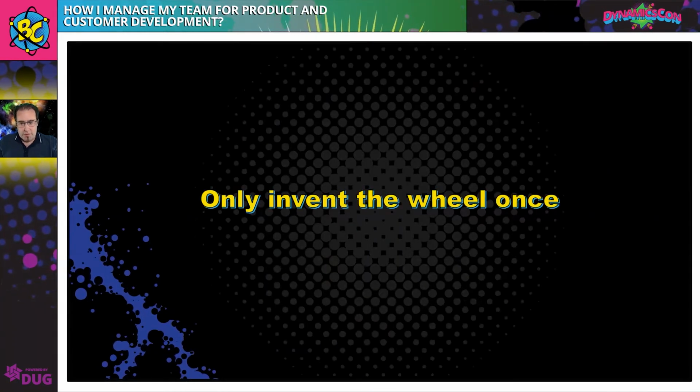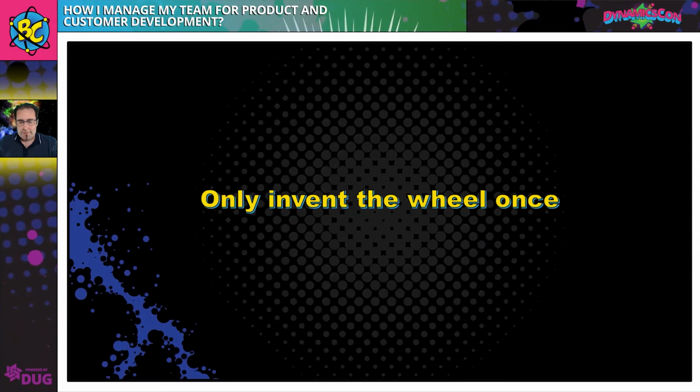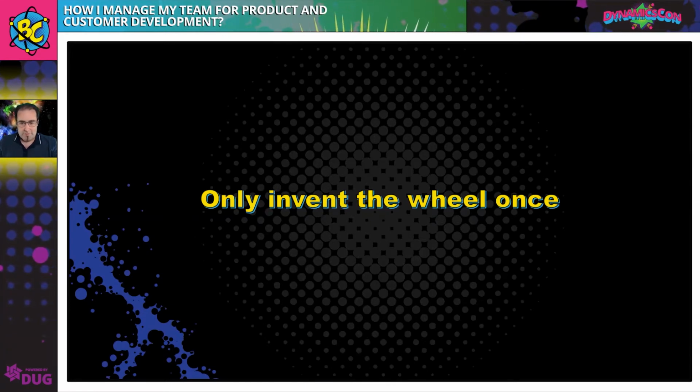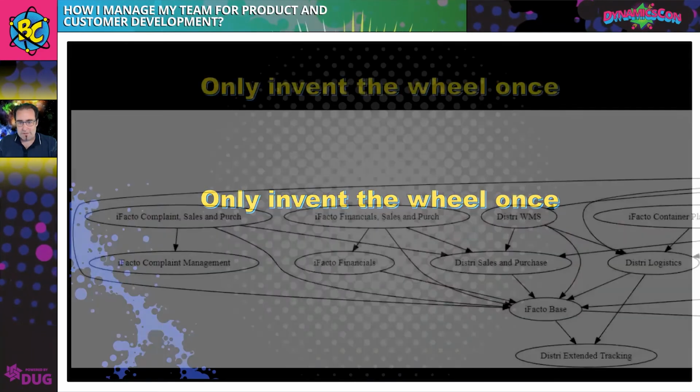Next vision: only invent the wheel once, which probably sounds very familiar and logical and all that. Yeah, but maybe it isn't that. I see a lot of things being reinvented once, and I'm going to touch some examples that might make this make more sense.